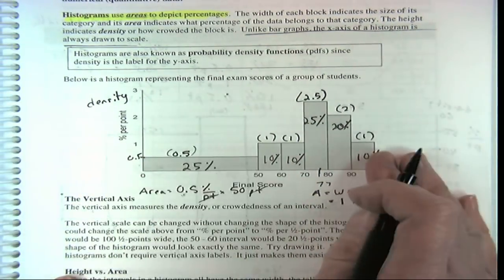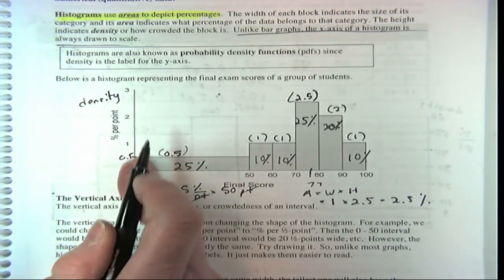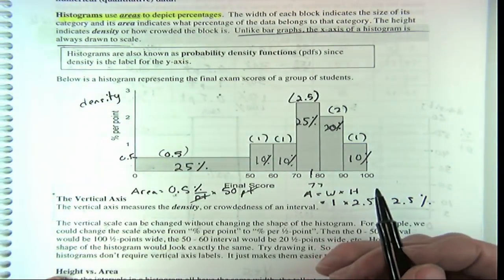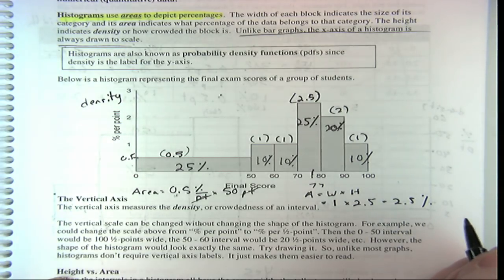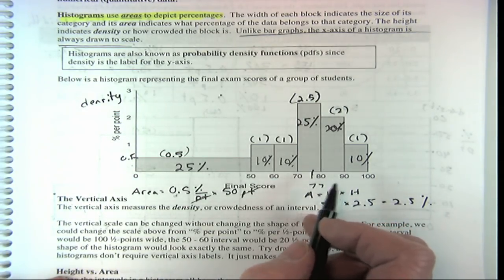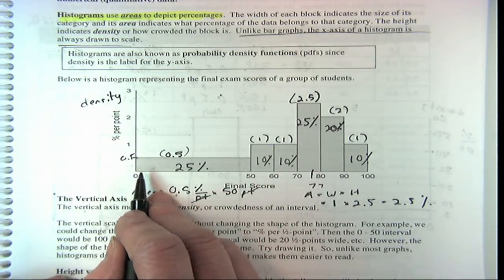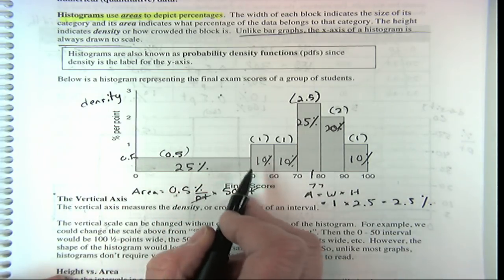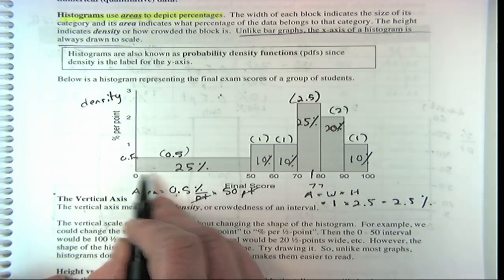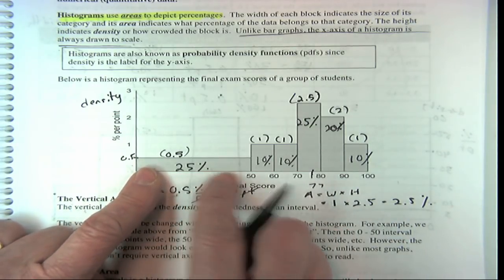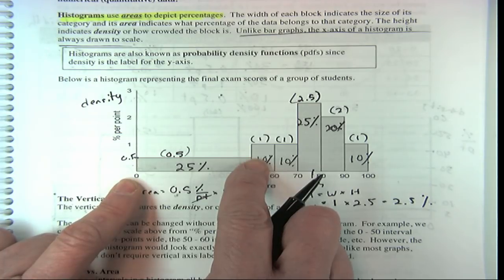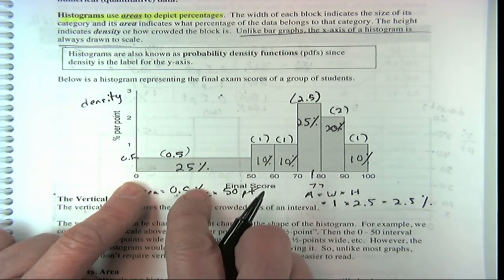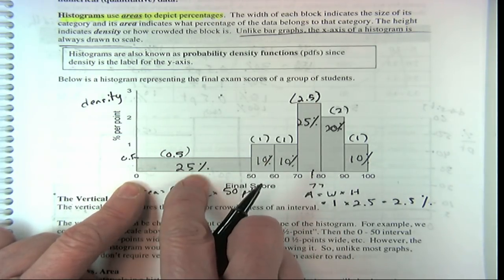Now the average would be less than that because it has a tail here, and if you wanted to figure out the exact average, how would you do it? You would have to take a weighted average. You take the weighted average and you say 25% of the people, and you just assume it's an even distribution here, so you'd say 25% scored at the midpoint here.